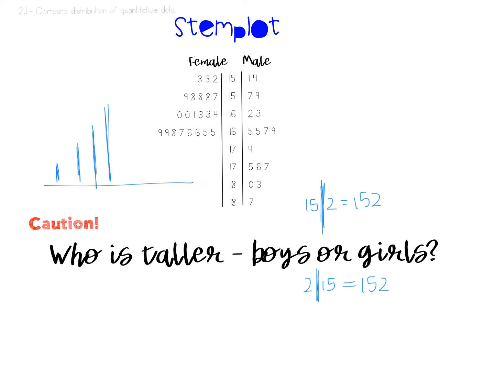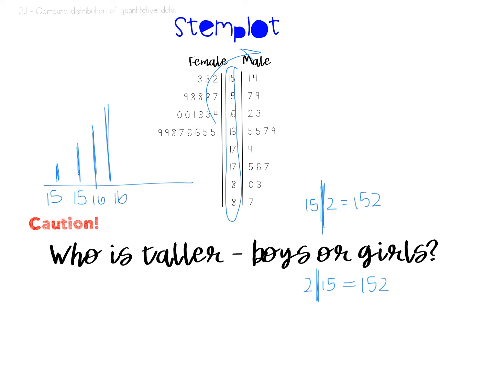Your inclination might be to turn the number line like you did with the males, but that would give you a very different view. You want to keep this in mind, that this is my number line. So I want to keep the 15s, the 15s, the 16s, and the 16s.